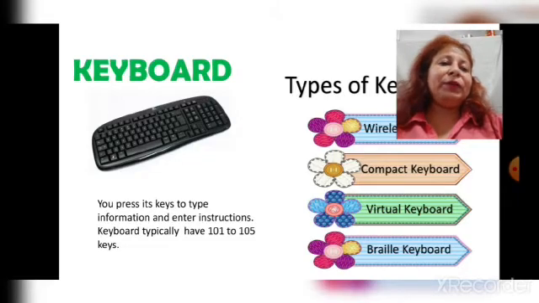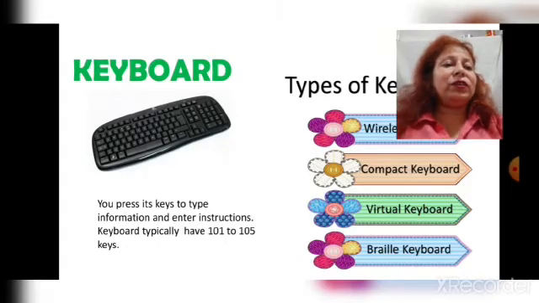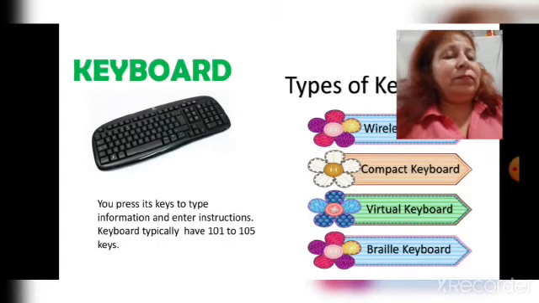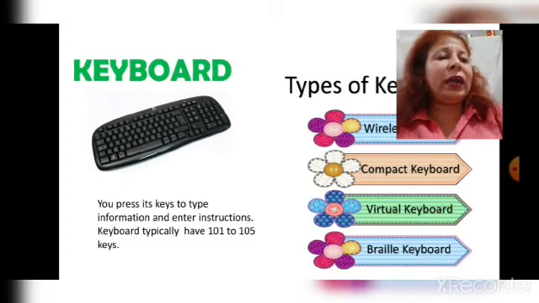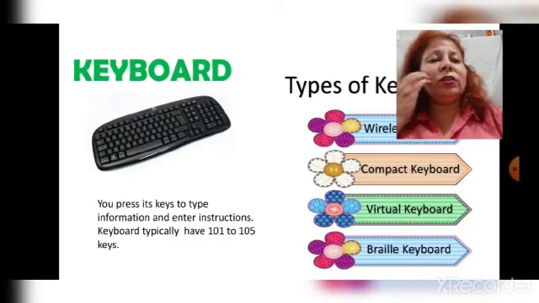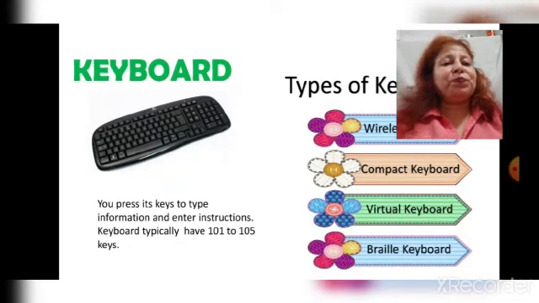Wireless keyboards can be attached through USB, not with a wire. They have their own wireless switch which can be added to the system, or you can connect them through Wi-Fi also.